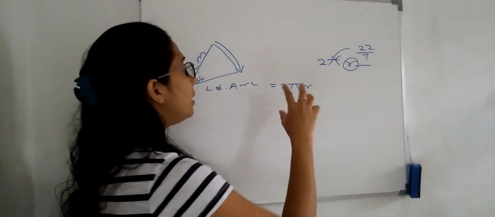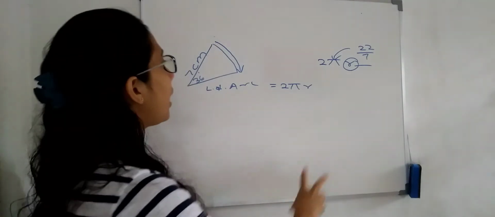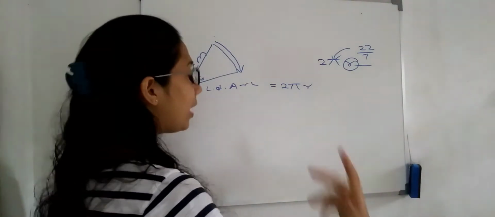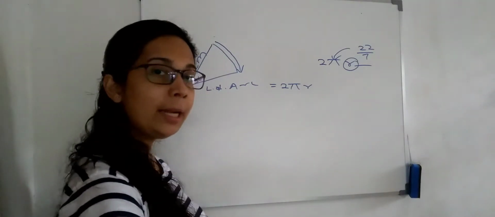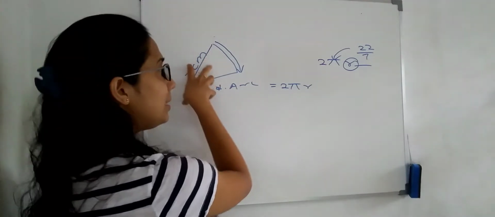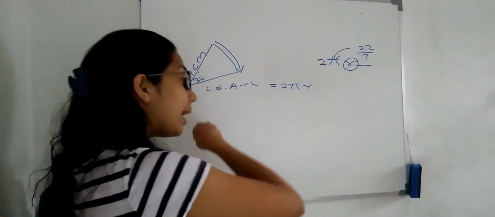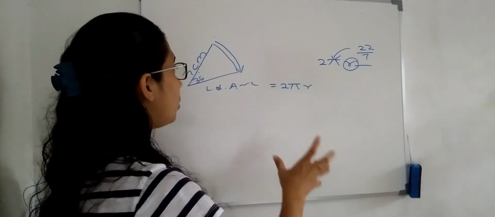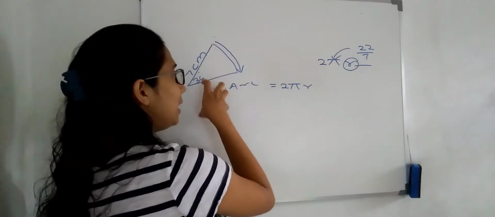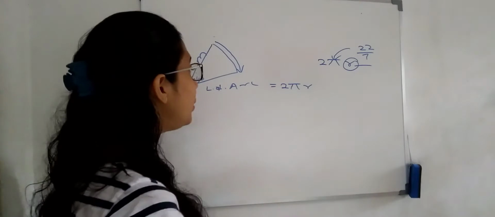We know the way of finding the perimeter of a circle. What is the formula? It is 2πr. But this is not a circle. This is a sector of a circle. Therefore, we should find the portion of this sector. Right? How to do that?